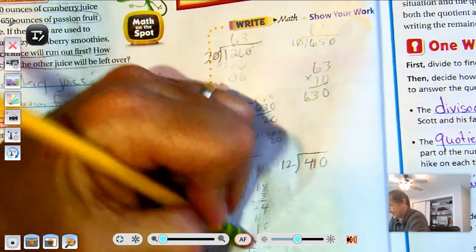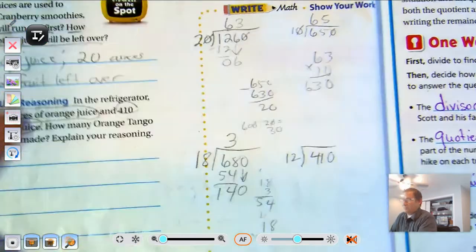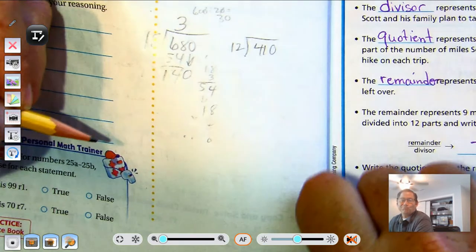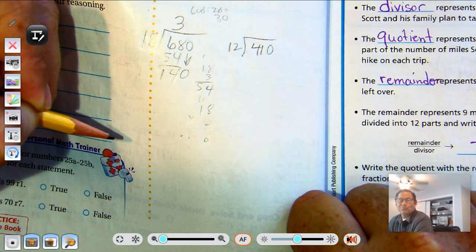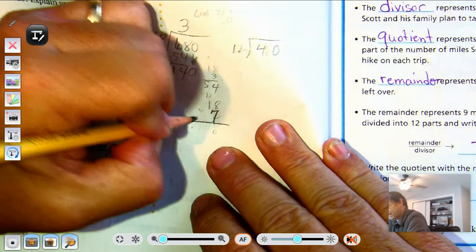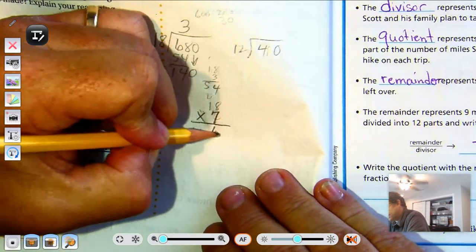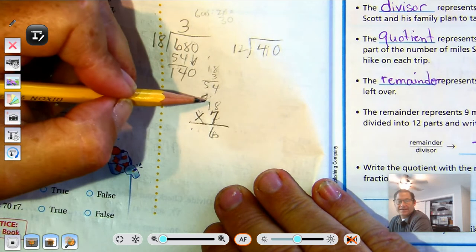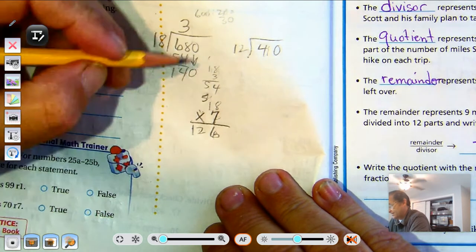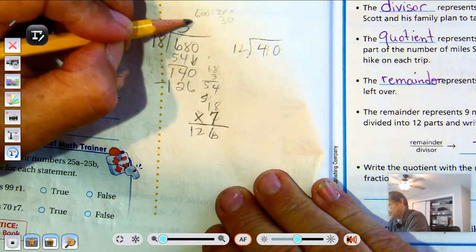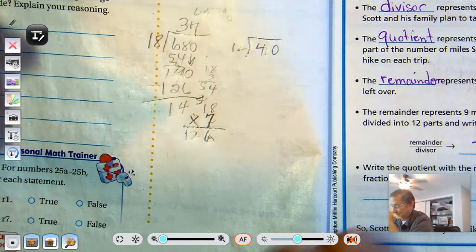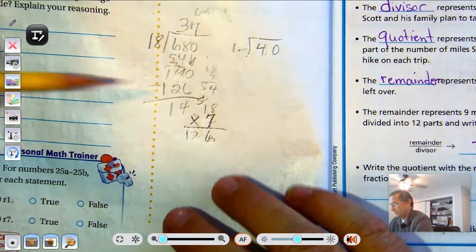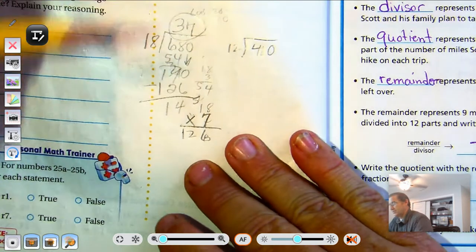Oh, we can get more than that. 18 times, let's try 7. 18 times 7. 8 times 7 is 56. 7 times 1, 10 is 7 tens, plus 5 more is 12 tens. Okay, I think that'll work. We'd be left with a remainder of 14. So there's going to be 14 ounces left over for this one, so we can make 37 drinks from that.